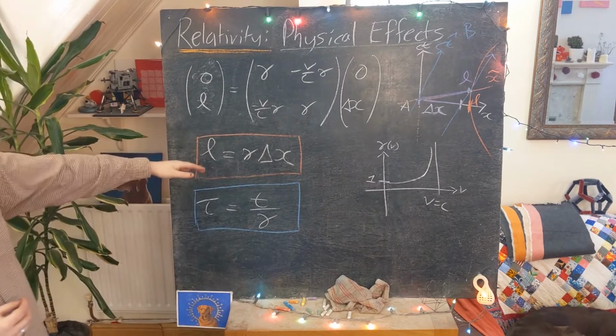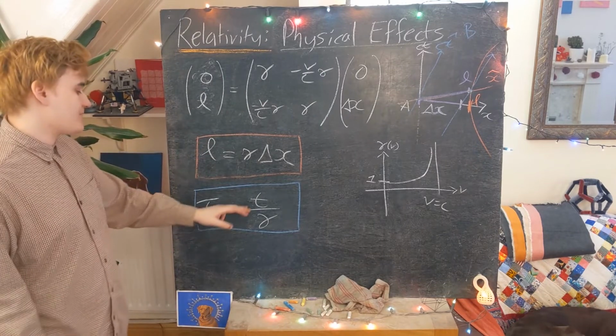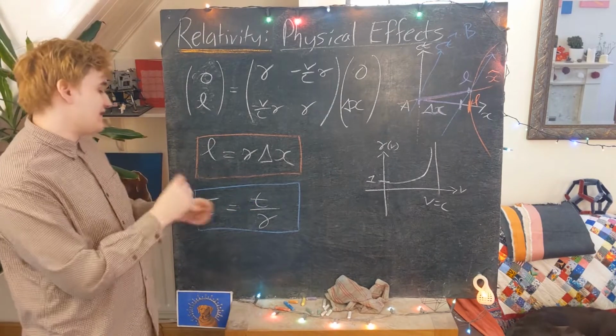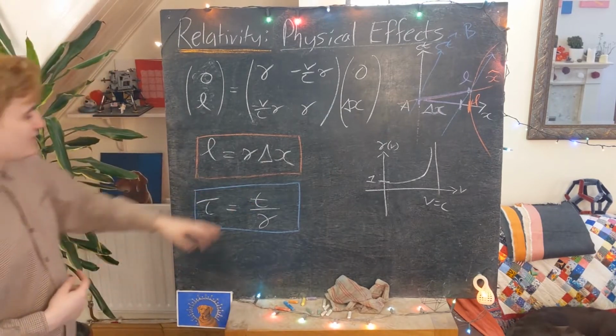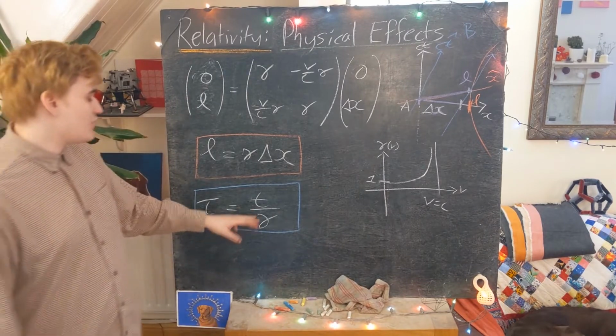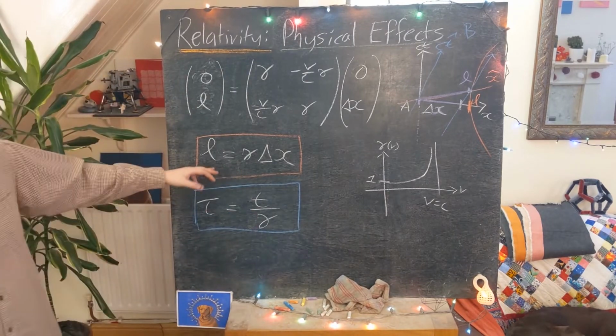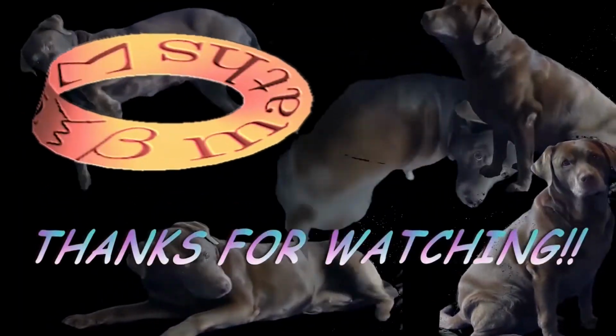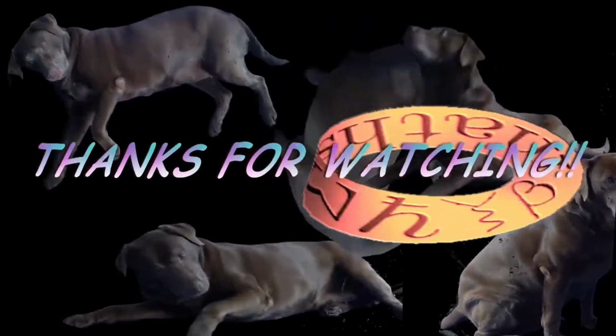The proper length is never changing, it's just the arbitrary values that an observer is assigning to that proper length. And these are affected by the observer's motion relative to this fundamental proper length.